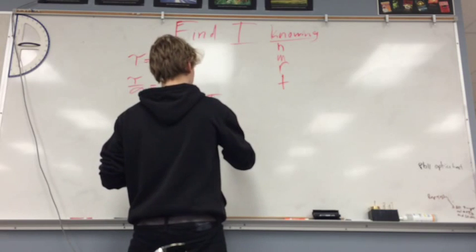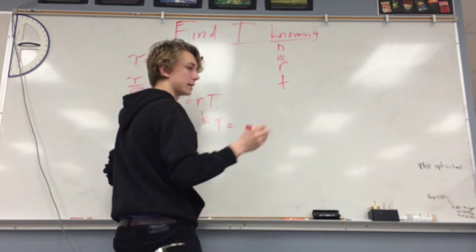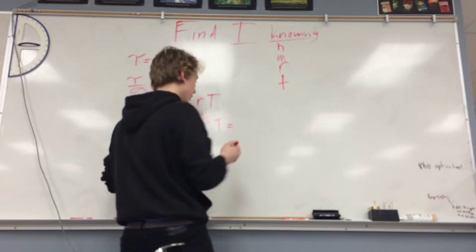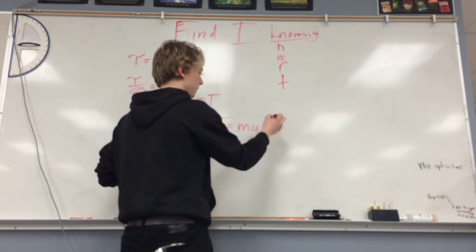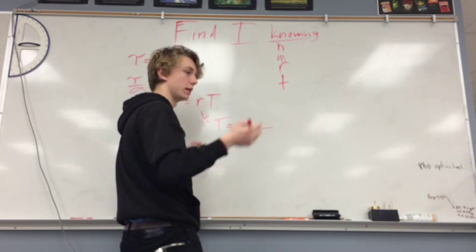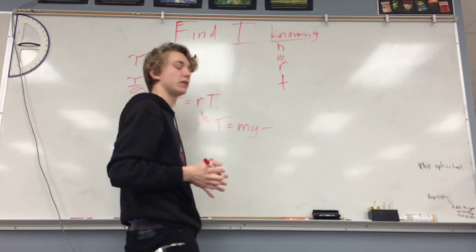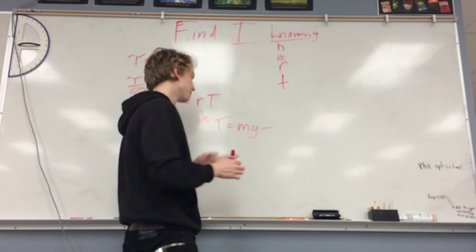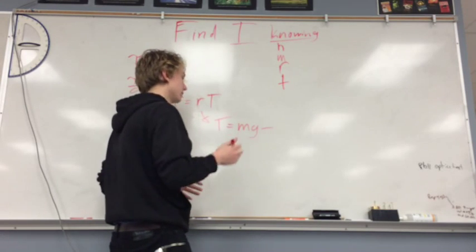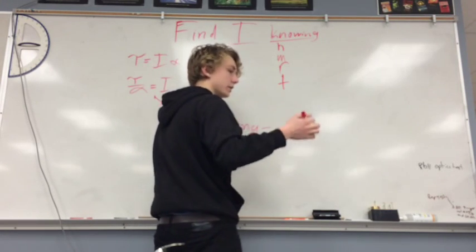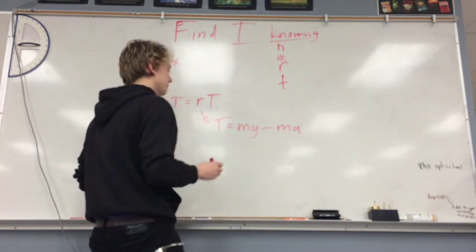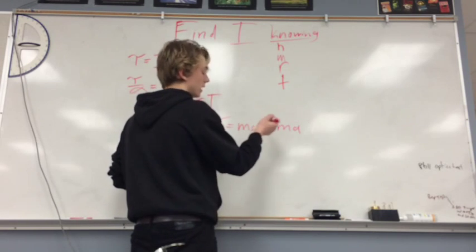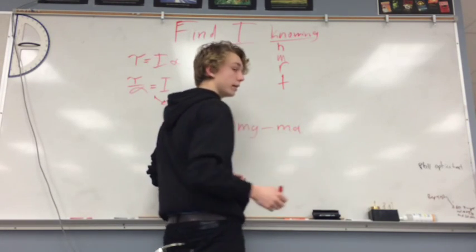Our tension is going to be the mass times gravity, which is the weight, minus the mass times its acceleration, because it is accelerating downward. The tension of the string is not exactly mg, it is minus ma, which is how fast it was accelerating downwards. That's what tension equals. We know the mass, we know what gravity is, obviously, but we're still missing a.